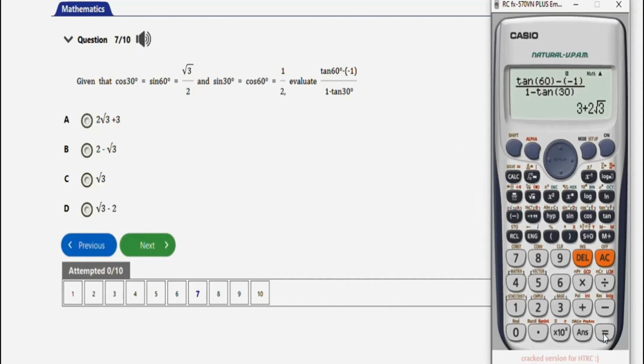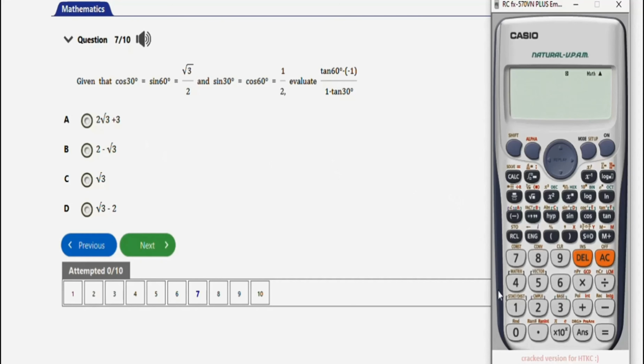So let's press equal to now to see the output. We have it to be what? 3 plus 2 root 3. So guys, the right option for this question will be option A. This 2 root 3 plus 3 is the same thing as 3 plus 2 root 3. If we want to put it in decimal to verify, let's check now. Press SD. We have 6.46.